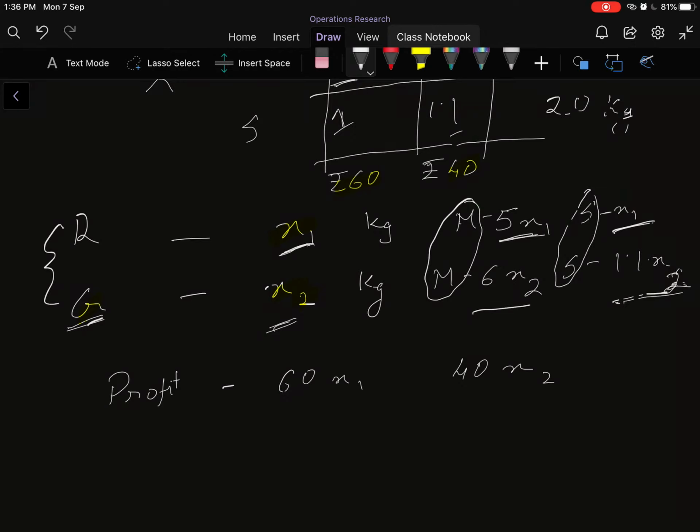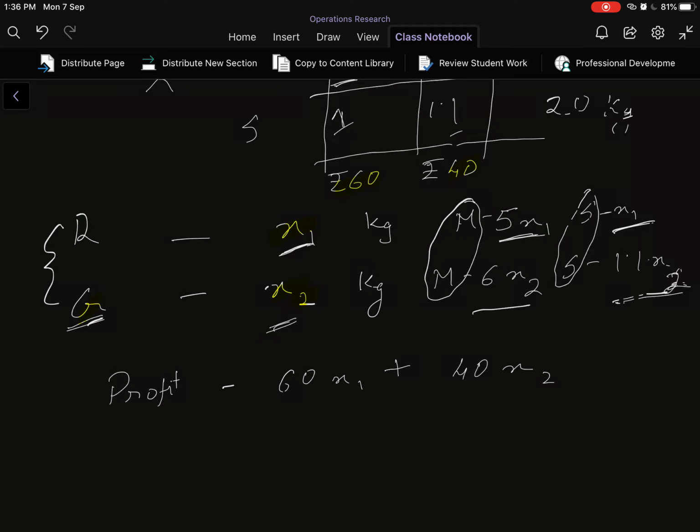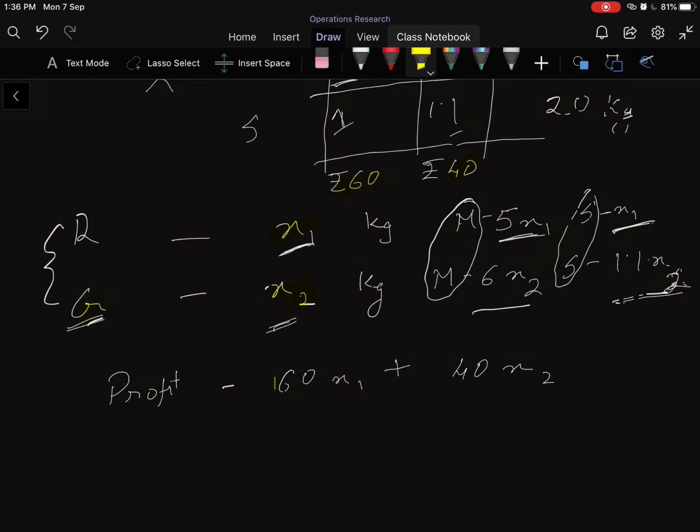So the total profit that he makes by selling both rasgulla and gulab jamun is 60x1 plus 40x2. This is the total profit that the person is making.